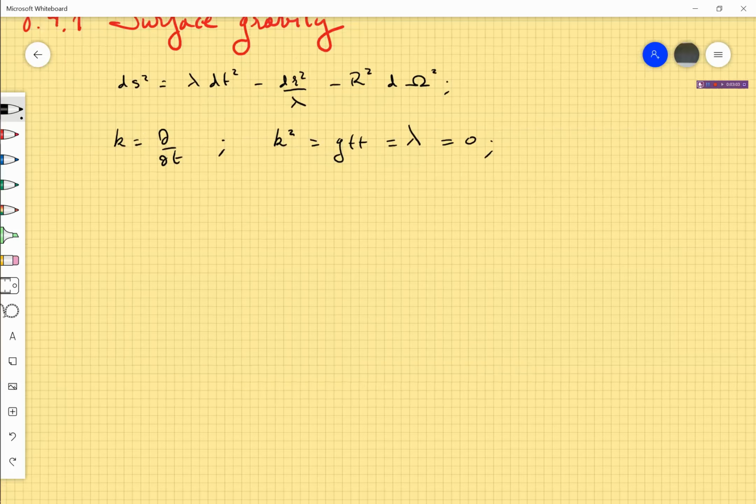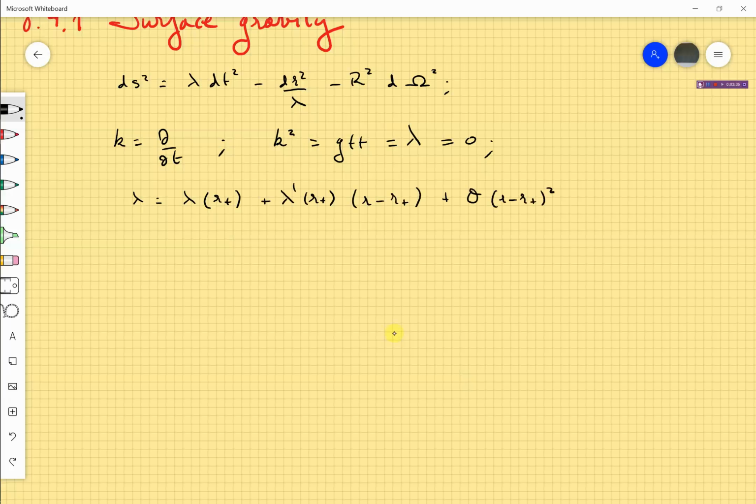So suppose that there are different values for which it vanishes, and we call r plus the largest of these values, and we can expand the whole metric around that value. So lambda will be lambda of r plus, plus lambda prime evaluated at r plus times (r minus r plus), plus terms of second order in (r minus r plus) squared.